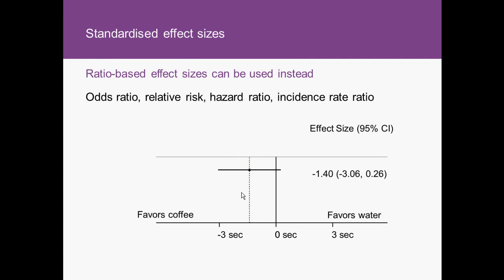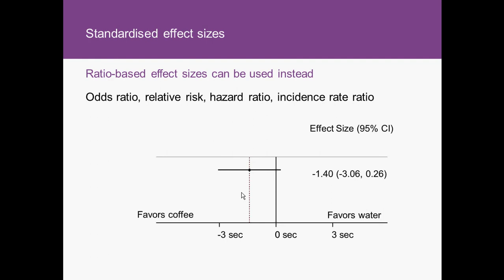Now, ratio-based effect sizes can also be used in these situations. So, effect sizes such as odds ratios, relative risk, hazard ratios, or incident rate ratios may be able to be applied in these situations. Let's do it to our coffee versus water drinking example. Here we see the result when we look at the mean difference in time to run 100 meters between the two groups.